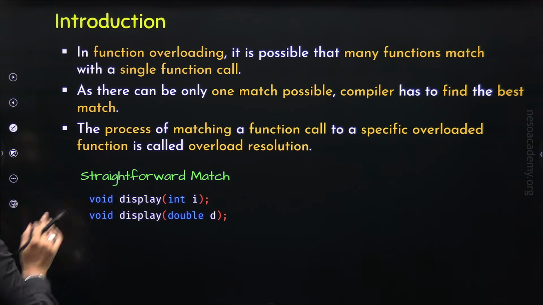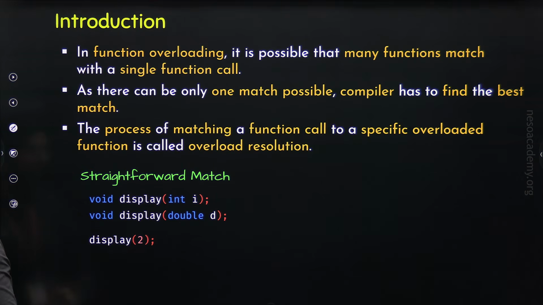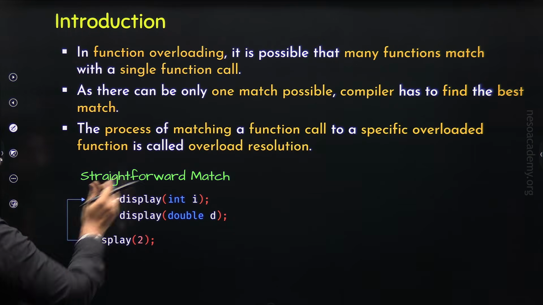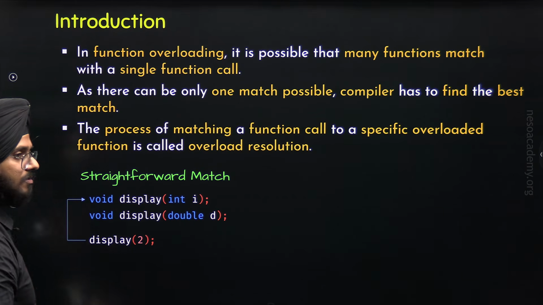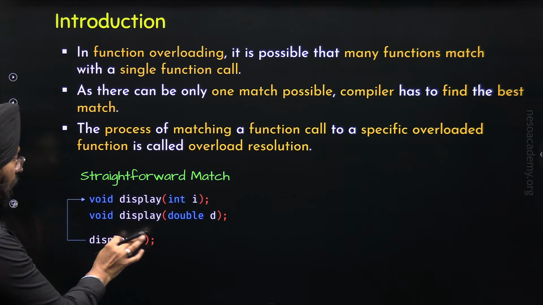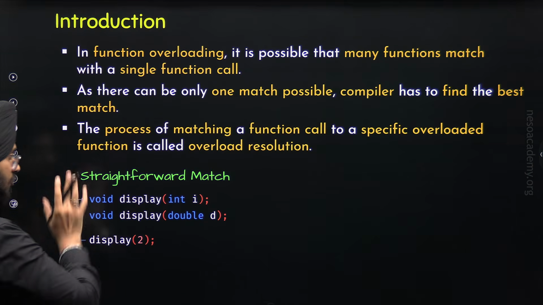Now let's call the display function with value 2. As we have an integer value here, this function call will be resolved to the first function definition because there is an exact match. You can observe that the type of this argument is matching with the type of this parameter. Clearly, this function call will be resolved to this function definition.